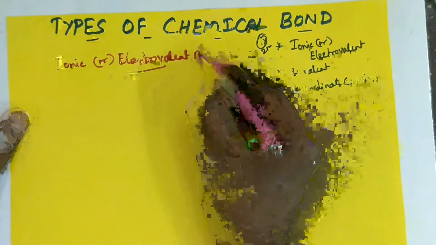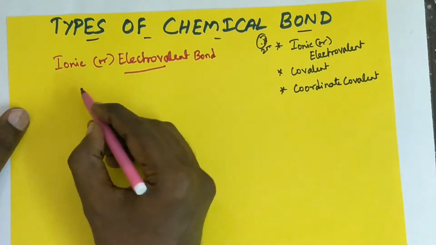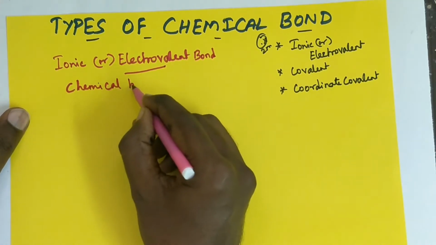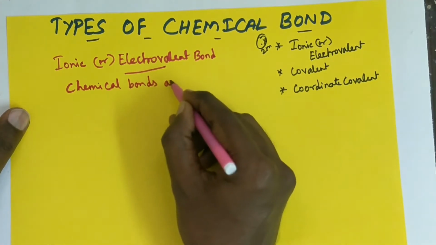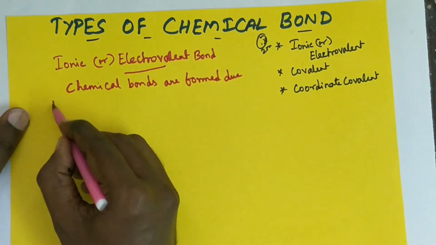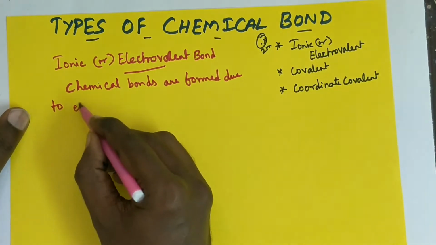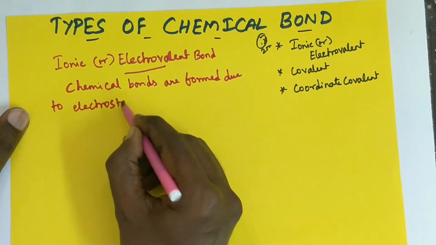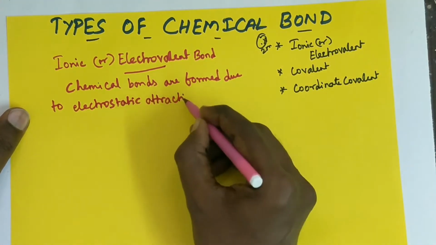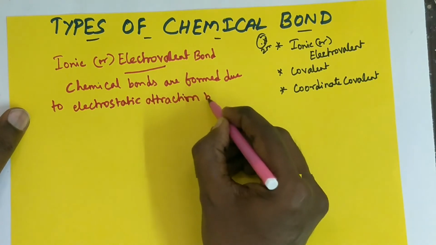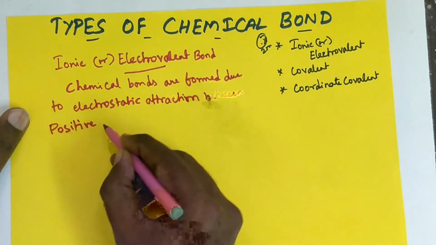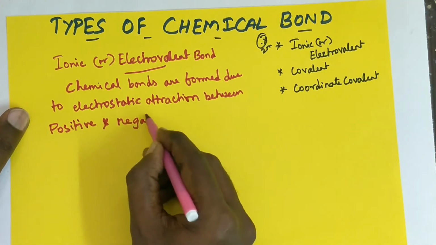That means ionic or electrovalent bonds are formed due to electrostatic attraction between positive and negative ions.